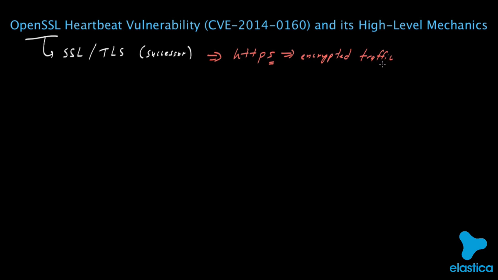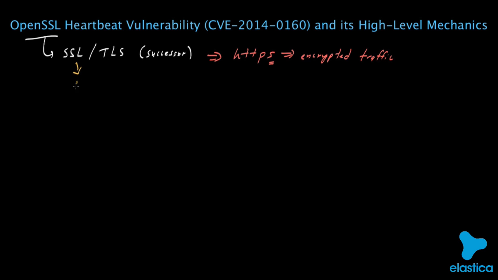OpenSSL is actually just one implementation of the TLS protocol, but it also happens to be the most widely deployed implementation. If you use the web with any degree of frequency, there is pretty much a 100% chance you have interacted with an OpenSSL implementation, even though you might not have known it.